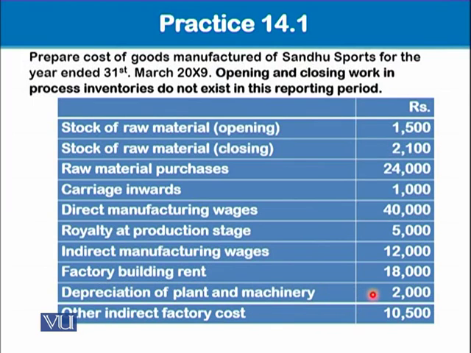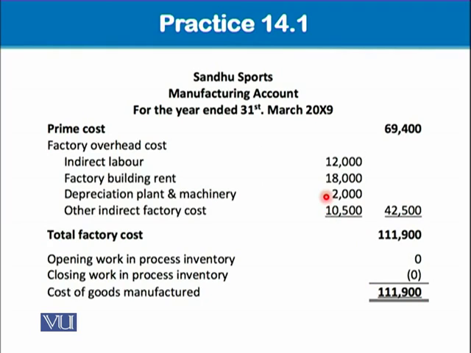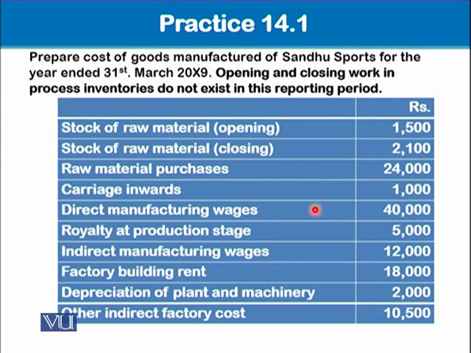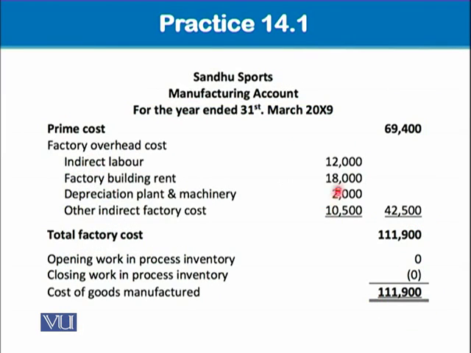Once we have grouped it over here in the production function, this depreciation will not be shown in the operating expenses, because it was factory related depreciation, so we place it in the factory overhead cost. Then other indirect factory cost is 10,500. So our factory overhead cost working is complete.